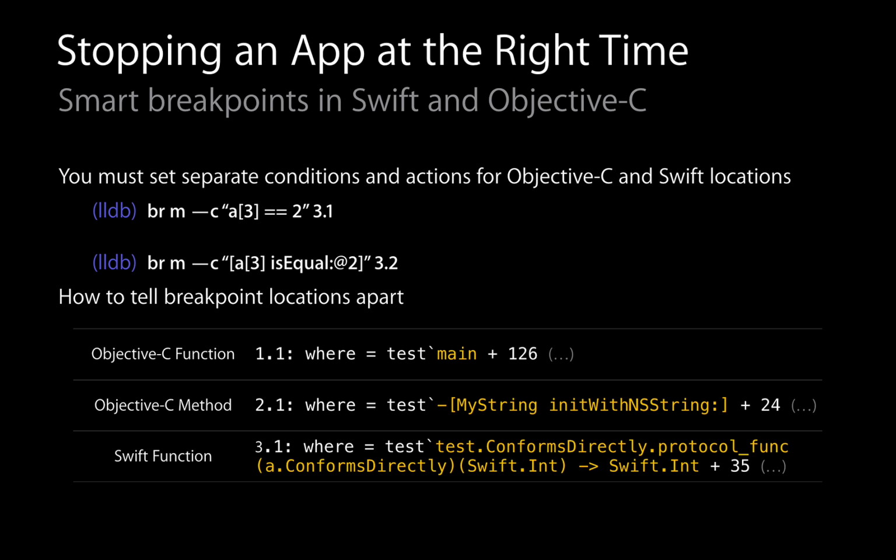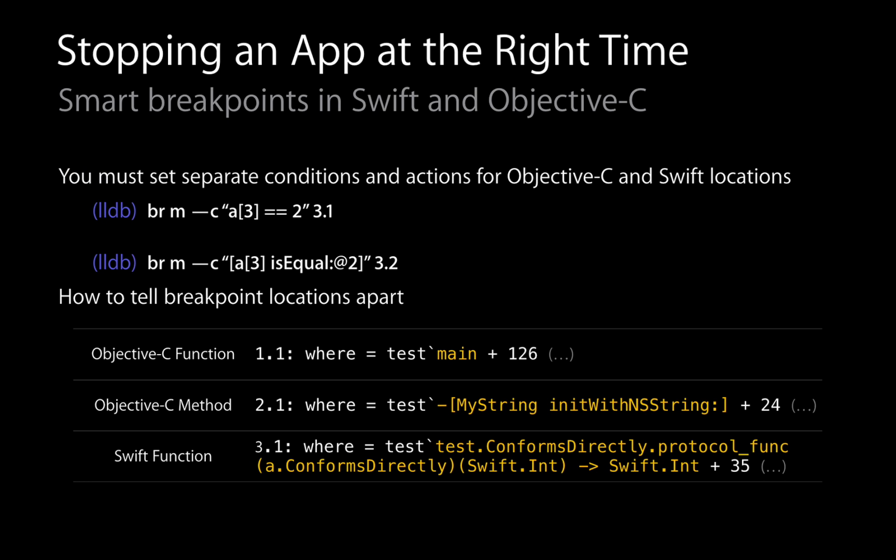The first is called main. If you're an Objective-C or C programmer, you'll recognize that main is the main entry point of a C program. But the more important thing to notice here is that it doesn't have any argument names, and it doesn't have any adornment. This typically means that it's a C or Objective-C function.